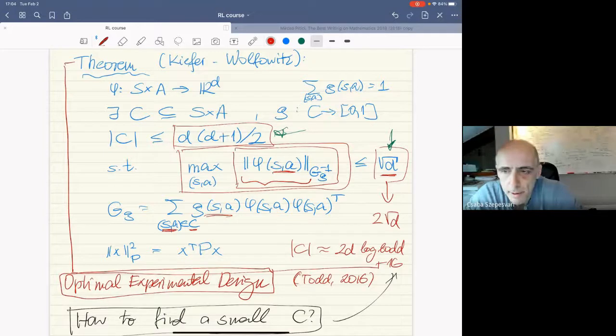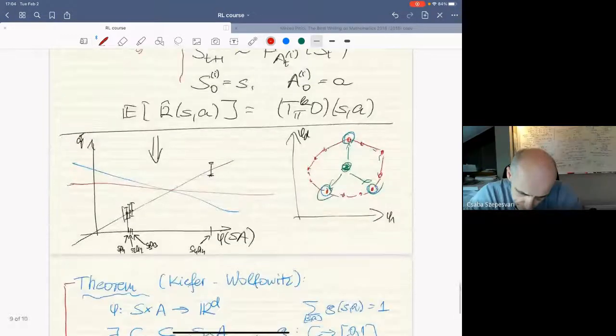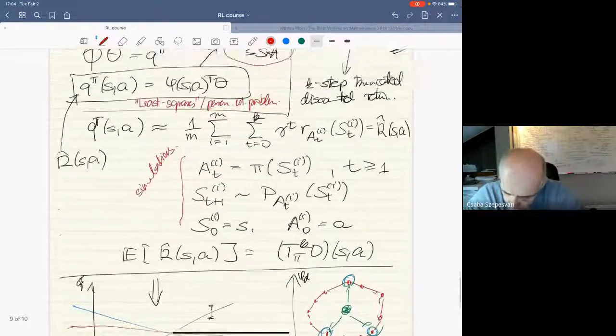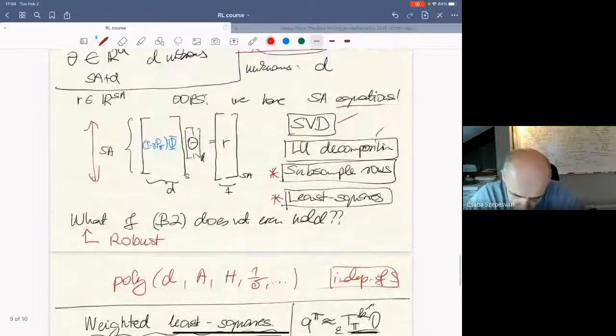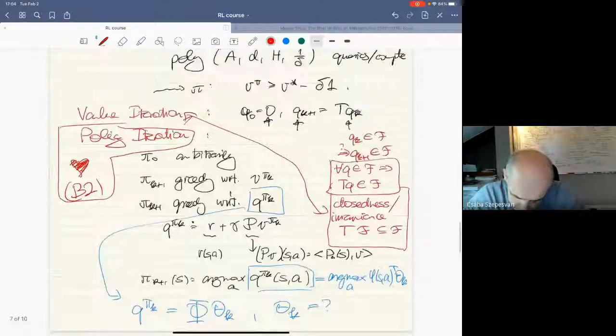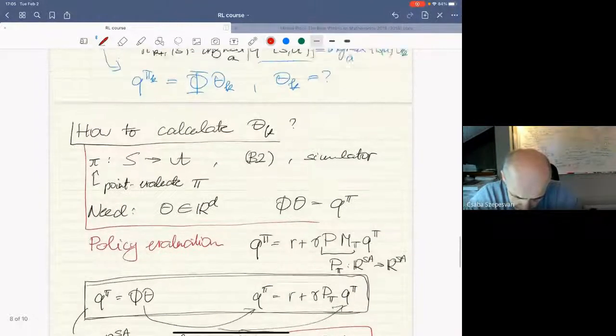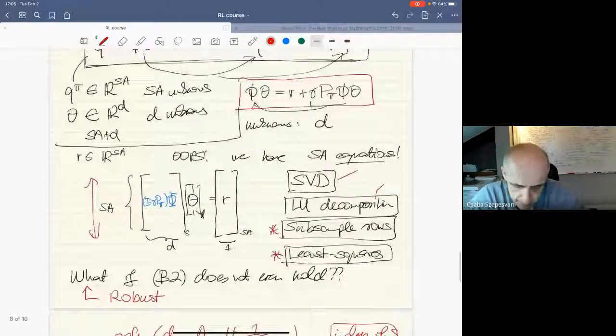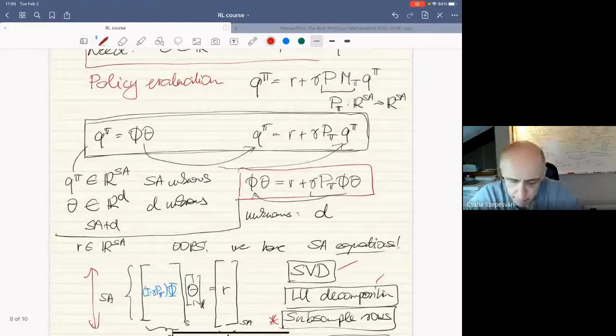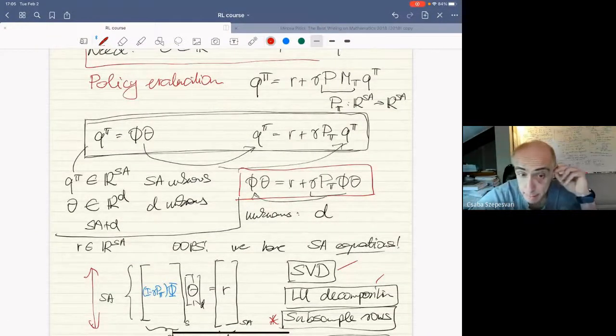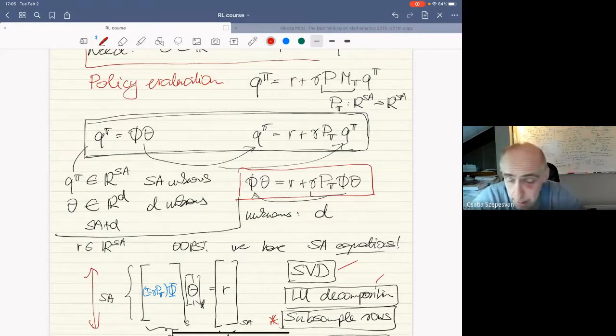Today we have hardly departed from the silliest setting that one can consider. It's still quite silly because this assumption that the action value function of all policies lie in a span of features is a ridiculously strong assumption.